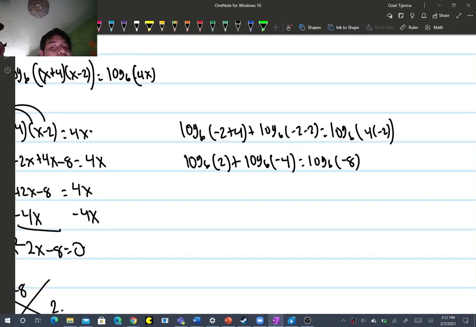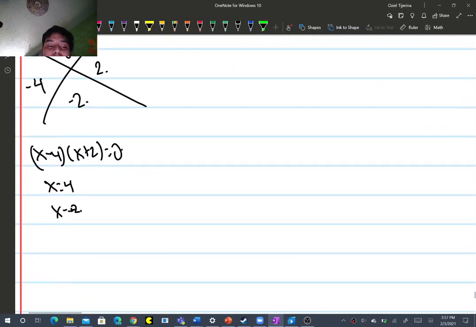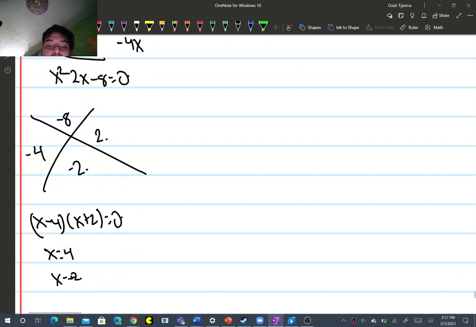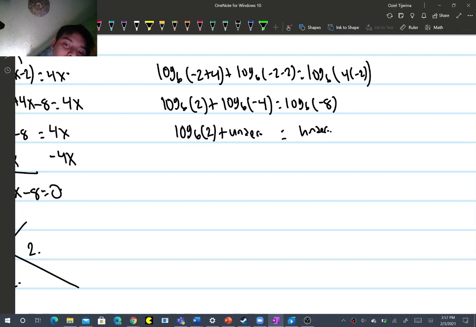Okay. So here's the thing about negative numbers inside the logarithm. You cannot have negative numbers in the logarithm. So because of that, you would have log base 6 of 2, and this is undefined, and this is undefined.